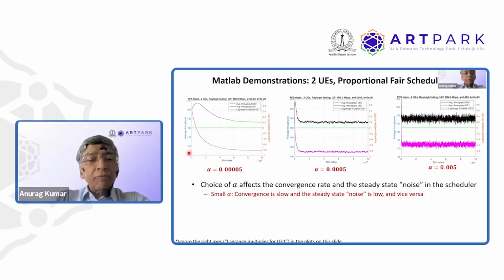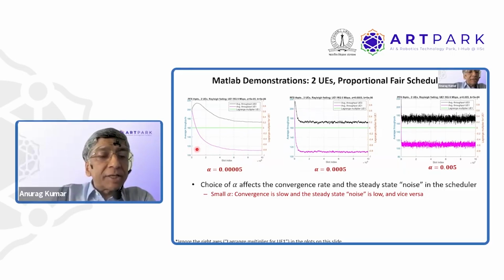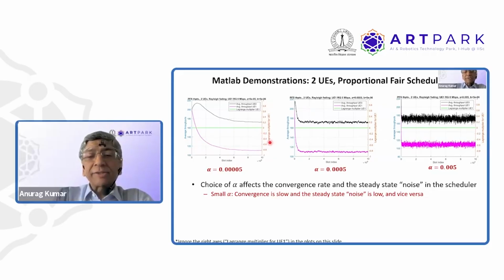Okay. So the proportional fair throughput in this example was, let us see, 100 and, by the way, ignore the vertical, this second y-axis, it'll come later. Okay. So the proportional fair throughput, it turns out here, was 110 Mbps for the red UE and 170 Mbps for the black UE.